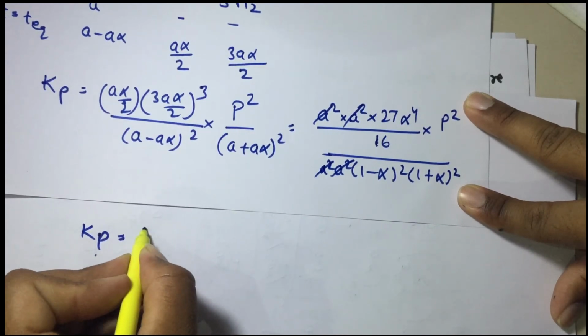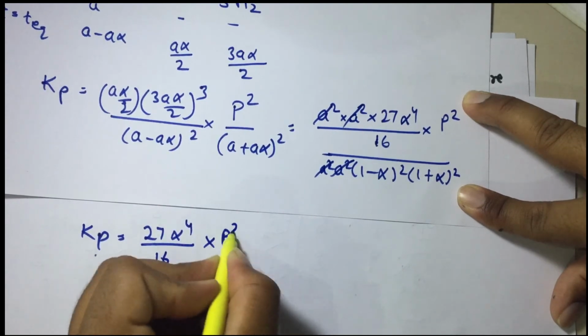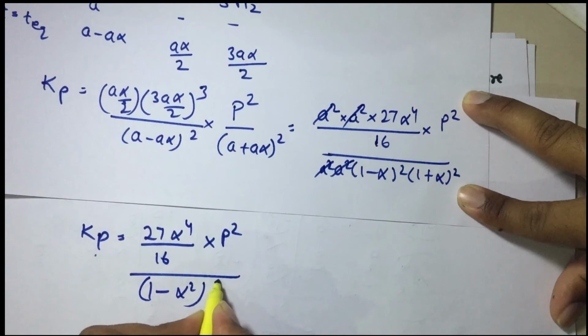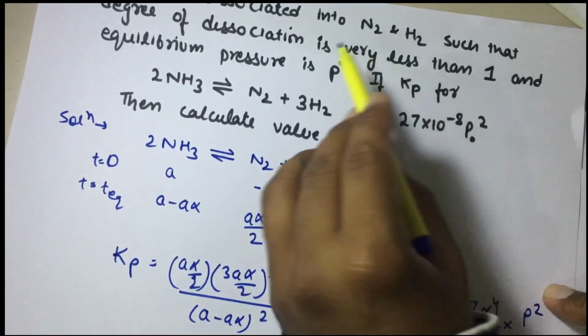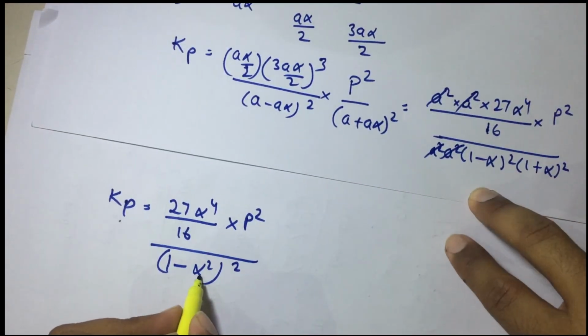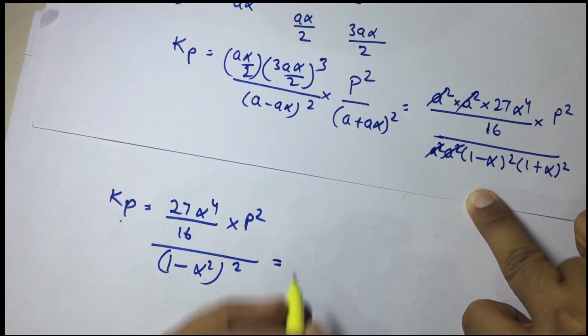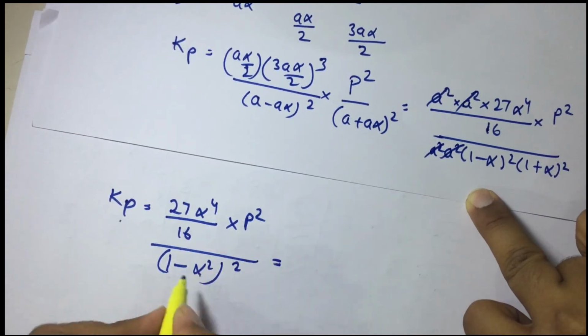is now 27 alpha to the power 4 upon 16 into P square divided by 1 minus alpha square to the power 2. And in the question it was given that alpha is very less than 1, so we can neglect alpha with respect to 1, right? So it will become negligible, equal to 1. We can neglect this part.